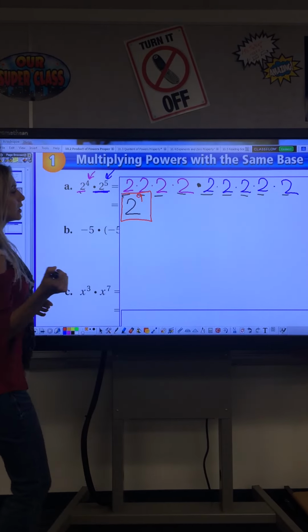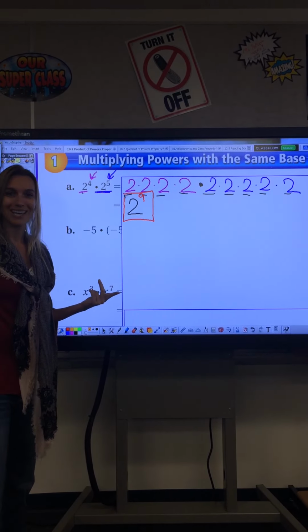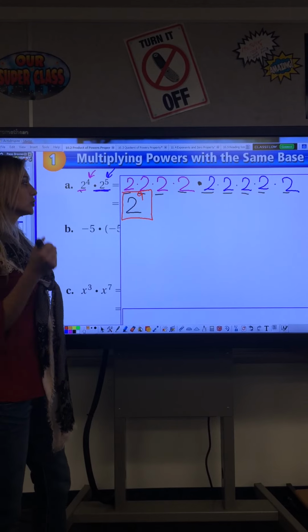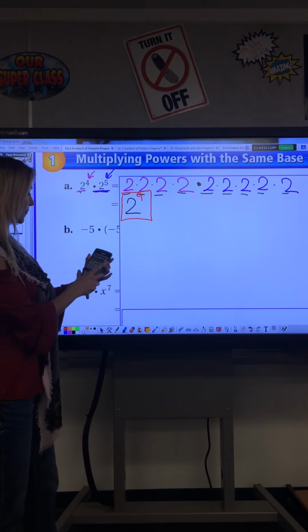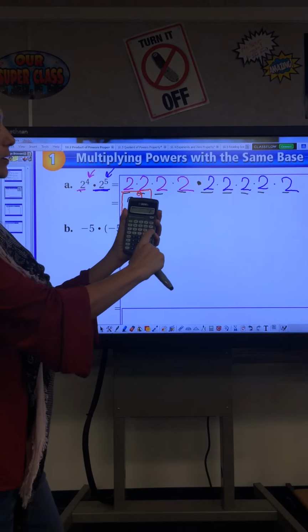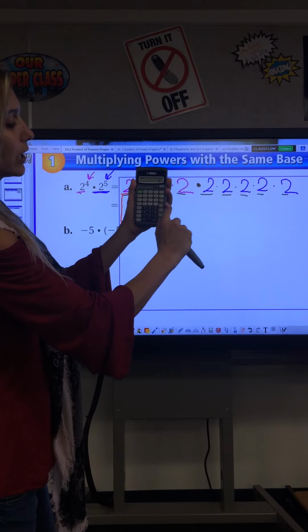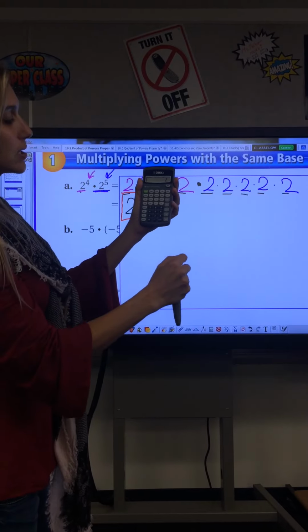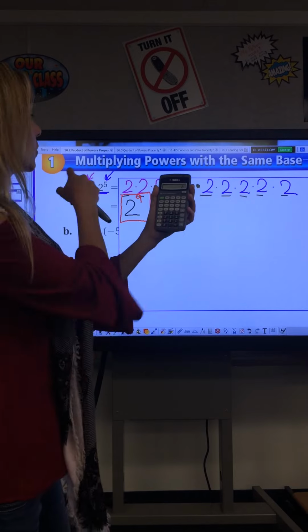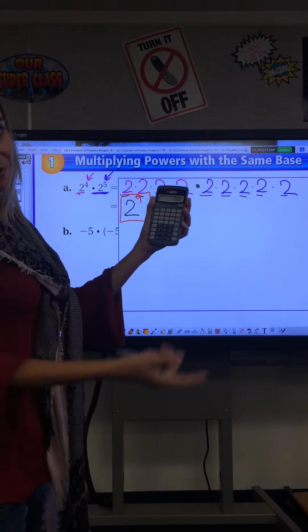Then if you were to put that in your calculator, or if you really want to get creative and do it by hand, you will put in your calculator 2. And you remember when we talked about the y to the x, that is really the exponent, right? So if I hit that, now it's asking me, okay, what is the exponent? Well, the exponent is 9. So 2 raised to the 9th power is 512.